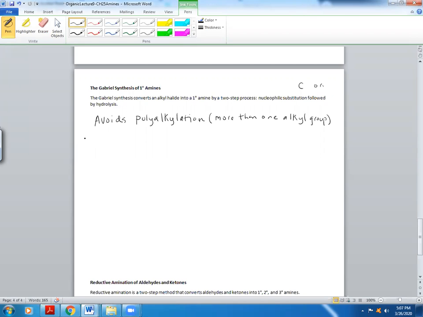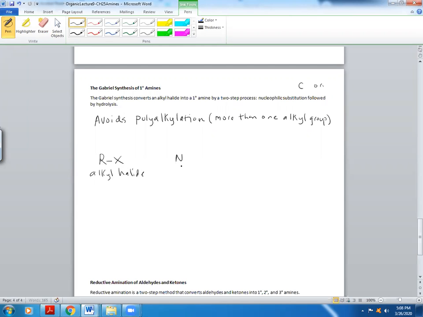So here's how the Gabriel synthesis looks. It first begins with, and this has to be drawn very carefully, RX, so that's an alkyl halide. It's very electrophilic.